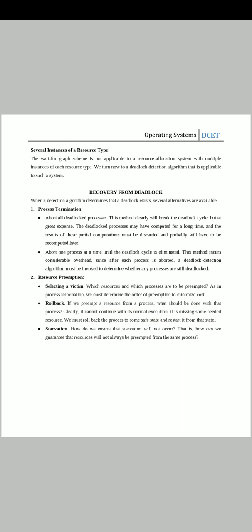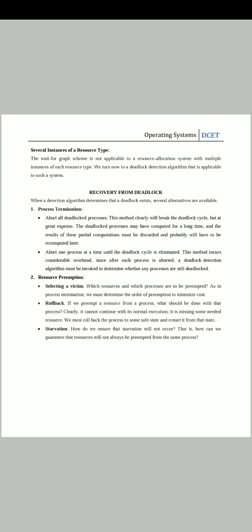Because of the first 2 processes deadlock has occurred, so I abort, meaning terminate, those first two processes completely. After terminating, the system becomes normal and the execution continues. This is the first method: aborting all the processes which cause the deadlock.